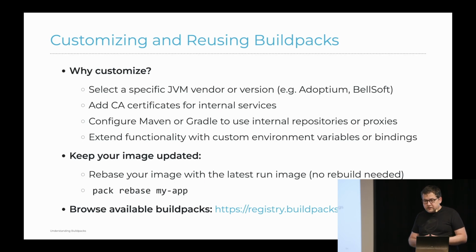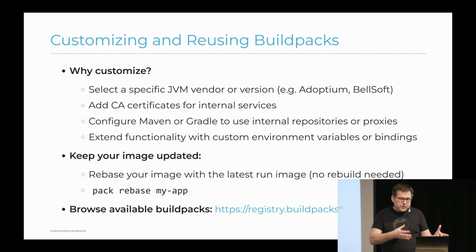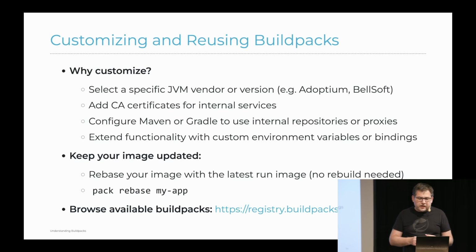Okay, so if you now use build packs, why would you customize things? Why would you maybe even write your own one? Why would you use build packs at all, right? So that's the question. So think of that. If you have your, let's say, Spring Boot application or your Java application, and you want to customize your build packs, you could, for example, say, I'm going to use a different Java distribution.